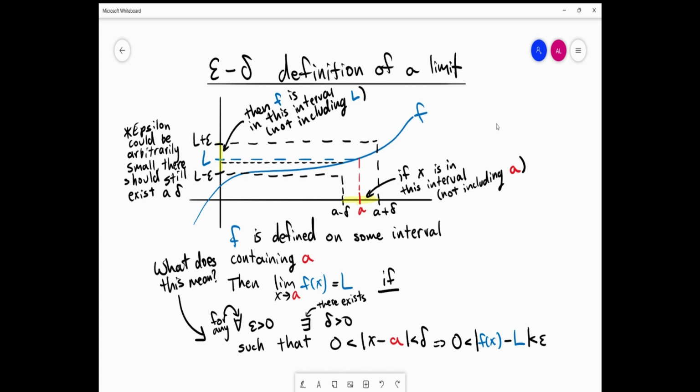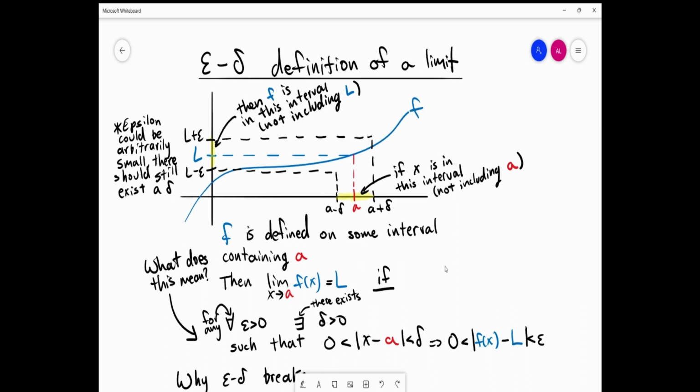So for this particular epsilon, this delta, for example, works, and we can make epsilon arbitrarily small, and we will always be able to pick a delta for which, if x is in this interval, f will be in this interval. Now, in general, this might still be a bit confusing.